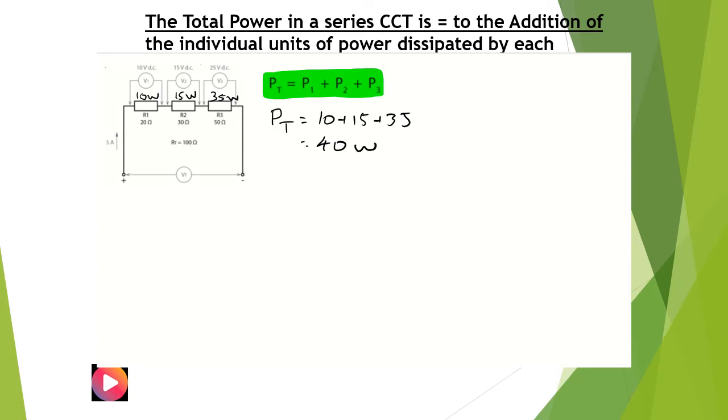But let's just recap and talk about this a little bit further. I'm going to get rid of that because it's all good, but let's see if we can actually work out what the power actually is of this circuit here. So we need to work out what VT is, which we've done a number of times now, and we should simply be able to add up 10 plus 15 plus 25.